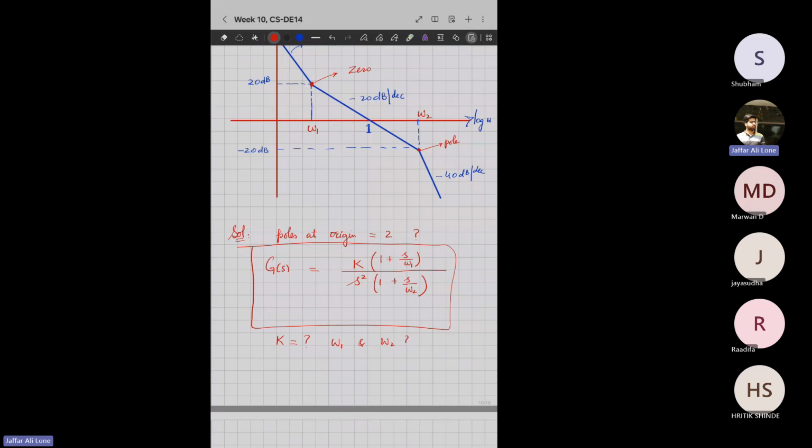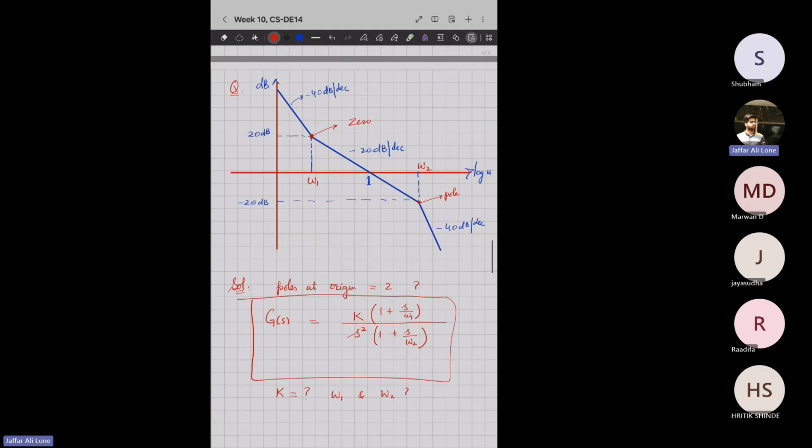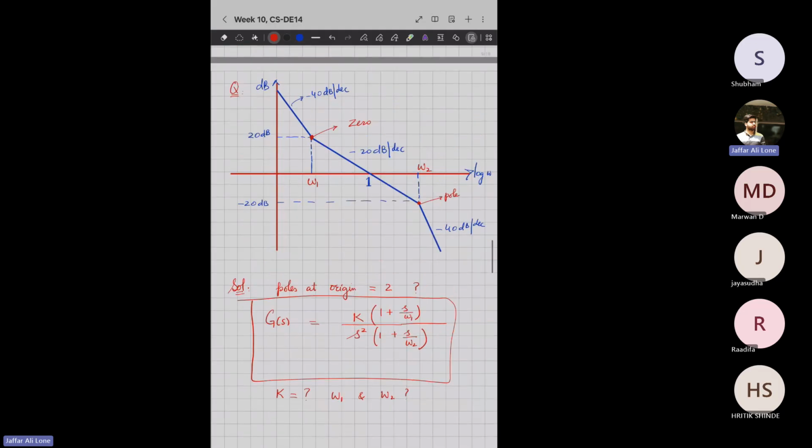Now see from the Bode plot how we can find this omega 1, from the slope. If you see, you know this point, this is 1. And what's log of 1? 0.